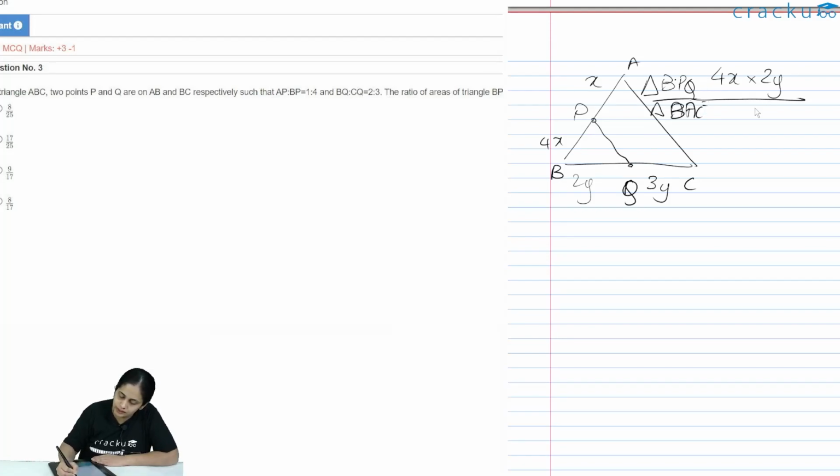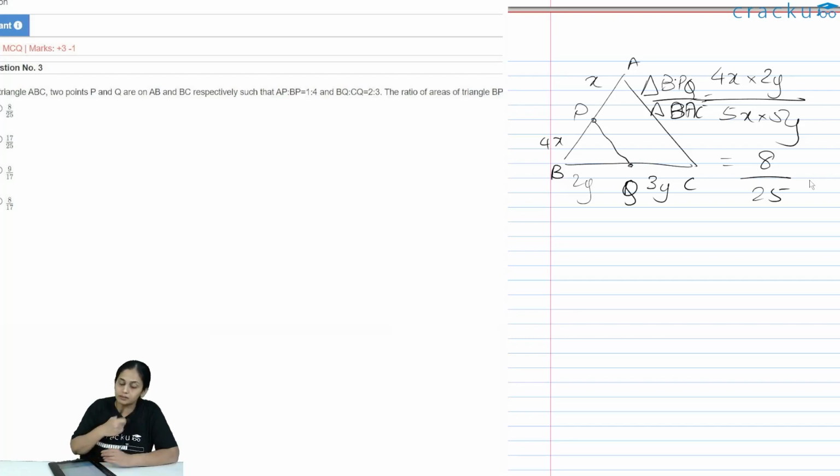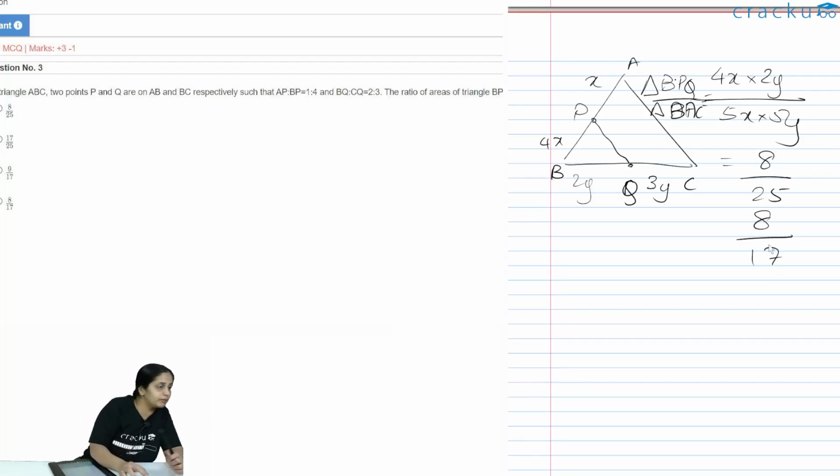Since angle B is the same, this is half into this side into this side into sine B. Half cancels. This is 5x into 5y. So this basically is 8 by 25. So this to the triangle is 8 by 25. This to the quadrilateral will be 8 by 17.